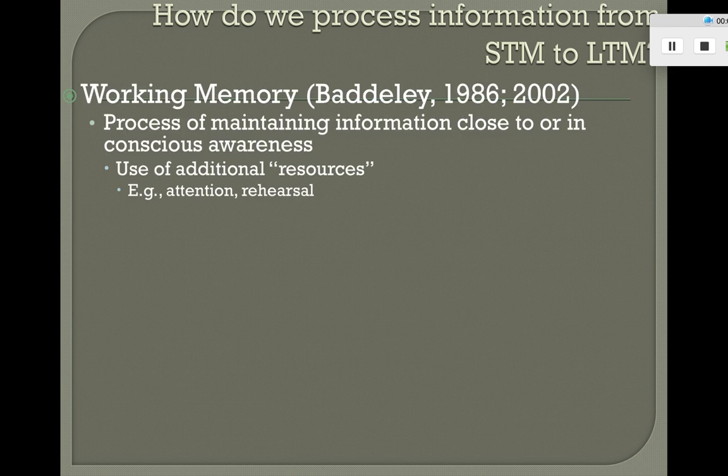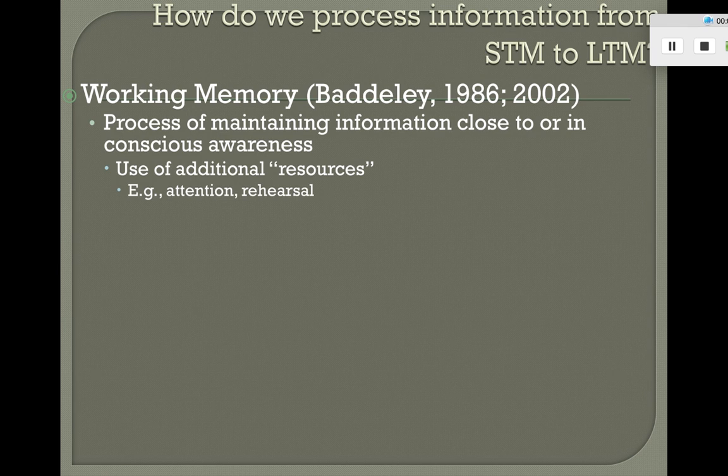Now, with the idea of working memory, we really have this idea of how do we process information from STM to LTM? So from short-term to long-term memory, how do we actually work on it? Alan Baddeley proposed for us back in the 80s, and then made some revisions back in 2000, his theory of working memory. In his theory, what Alan Baddeley proposed was the following.